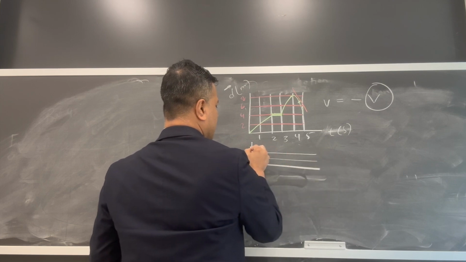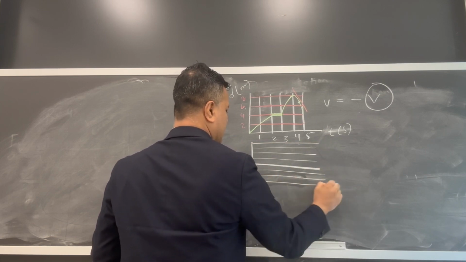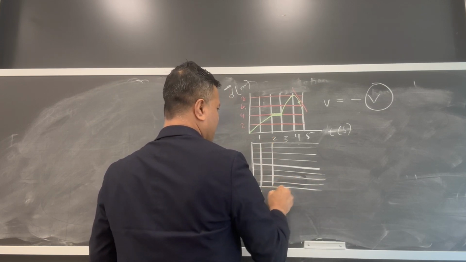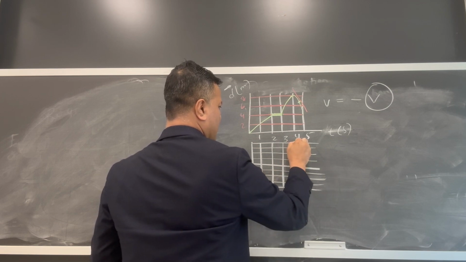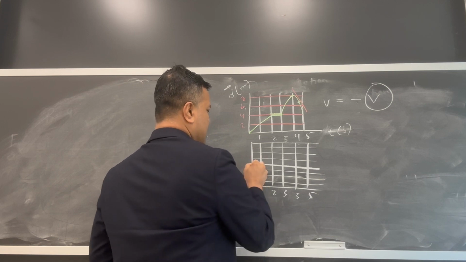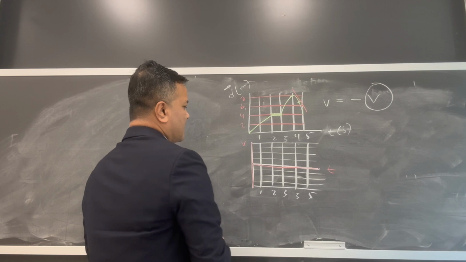1 second, 2 seconds, 3 seconds, 4 seconds, and 5 seconds. Let's make sure this is your time and this is your velocity.